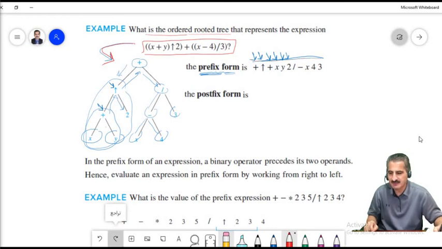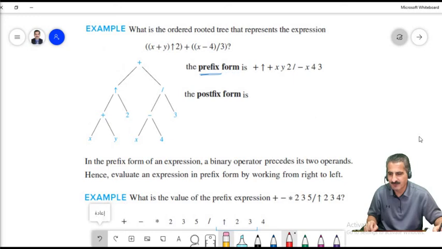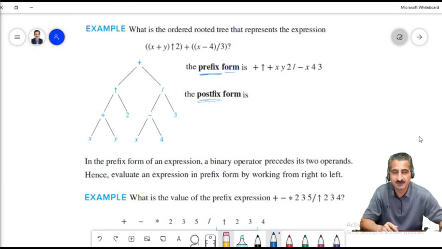But let me clean all these things, because we are also asked to find the postfix form of this expression. So let's find the postfix form of this expression. We have a tree, and we will visit vertices according to postfix form.